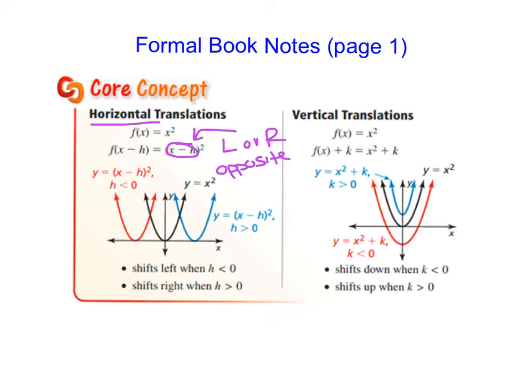Then you should also know that if you add a value on the outside of the parentheses, out here as k, that is going to move the graph up or down. And it moves as we expect it to. So if we add 2, we go up 2. If we subtract 3, we go down 3. So remembering these translation notes that we took in a previous lesson.